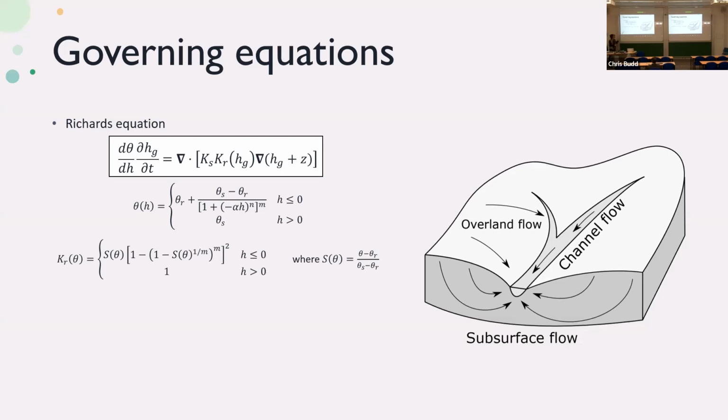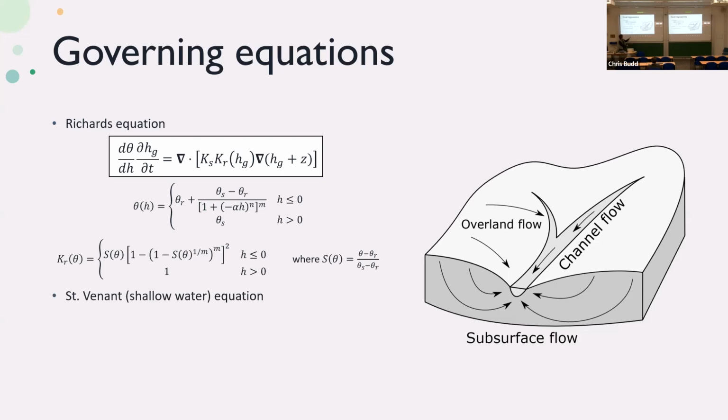And this can be modeled, for example, using the Mualem-van Genuchten model written here. The fact that it's a highly nonlinear system makes it very difficult to solve, both numerically, and even trying to approach it analytically is quite a hard task.